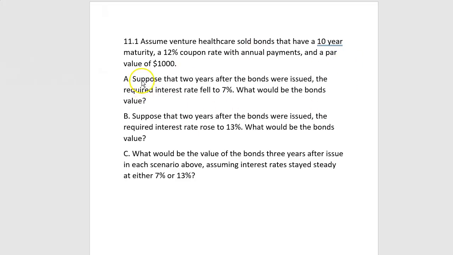All right, so here's our question. Suppose 2 years after the bonds were issued, the required rate of return fell to 7%. What would be the bond's value? Just remember the required rate of return versus the coupon rate. Which is the most important one for your calculation? You want to use the required interest rate.